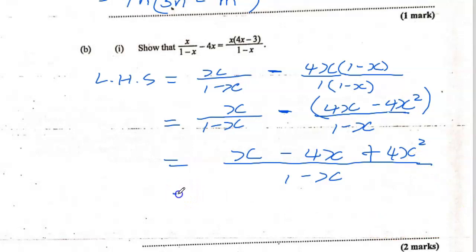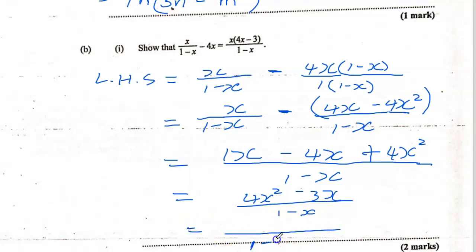Now let us group like terms. Let me put the 4x squared at the front here. If I'm grouping, this is 1x, and 1x minus 4x is minus 3x. And of course, we can factorize the numerator by extracting x as the highest common factor.